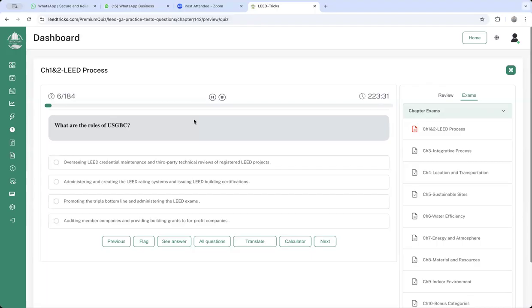Promoting the triple bottom line and administering the LEED exam. Auditing member companies and providing building grants for profit companies. It is not the last. Okay, I give you now 3 answers. Take the first 3.